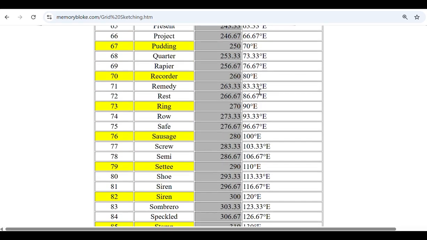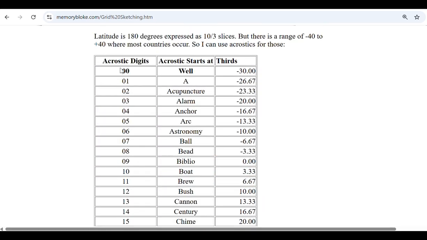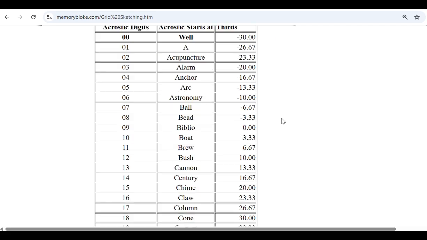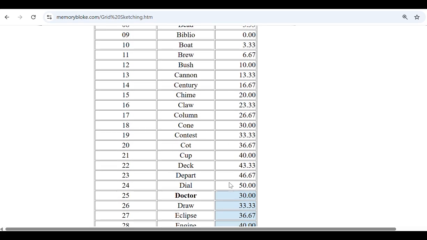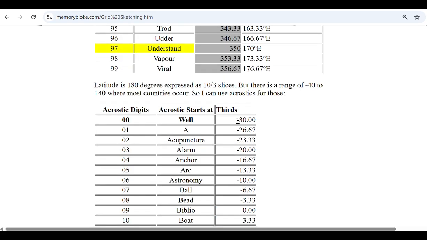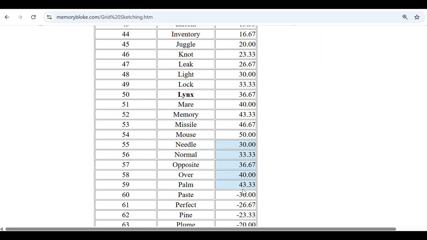And then I would need to know the latitude as well. And so I would look that up, within the same acrostics words, but meaning latitude this time on a map.